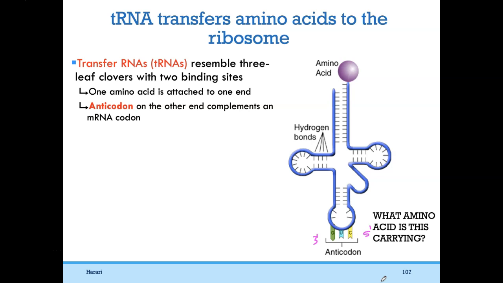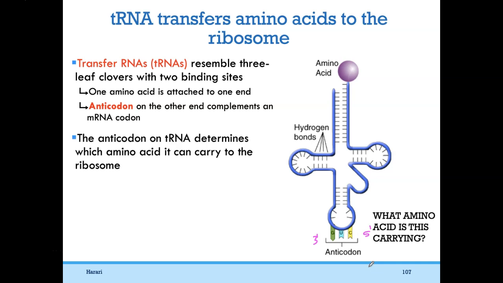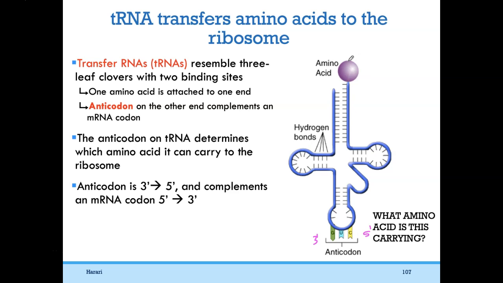Okay. So, for example, an anticodon on a tRNA will determine which amino acid it can carry. The anticodon, like I said, is always 3' to 5', and it will complement a codon that's in an mRNA transcript. So I want you to tell me right now, what codon would this tRNA recognize?